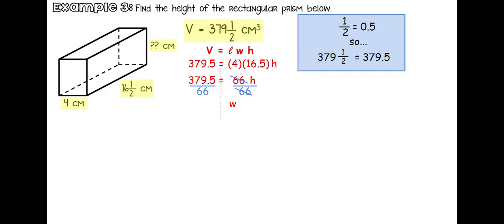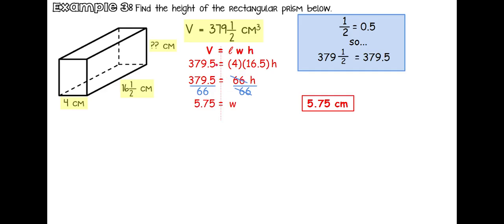That should totally say an H and not a W. And then 379.5 divided by 66 is 5.75. Okay, so my height, not my width, we'll pretend that wasn't there, is 5.75 centimeters. Congratulations, you guys. No matter what piece of information was missing, you have now mastered being able to solve for that missing piece.